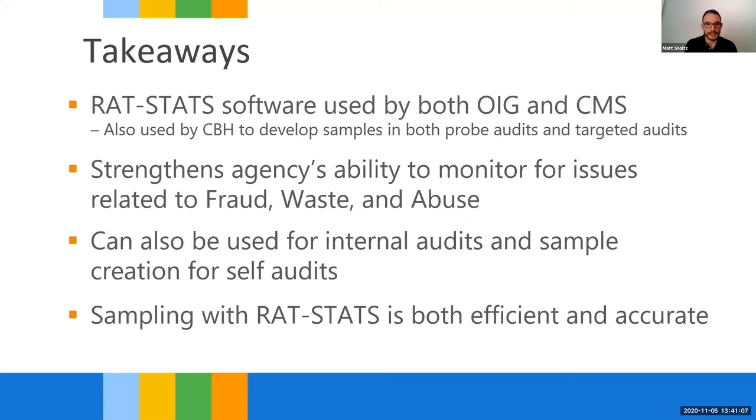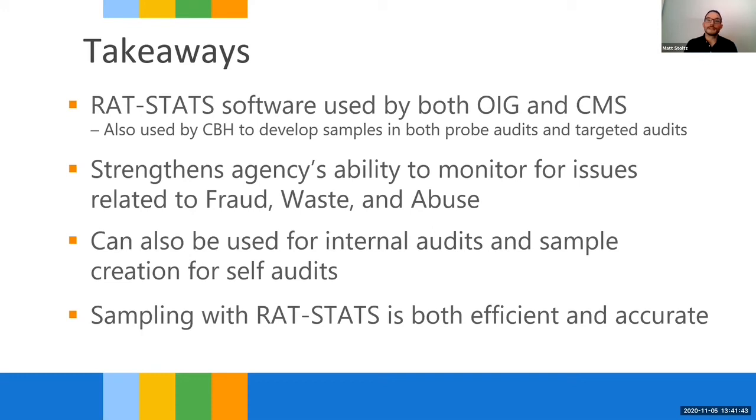For me, the first time I was introduced to RATstats, I had the same feeling, but I wanted to show you just how simple and quick it can be to go from 950 claim lines in a population that you have to audit. And that's a lot. That's a lot of time, a lot of work, a lot of manpower, that in a few minutes, we have a statistically sound random sample of 123. And that gives us the opportunity to have a much more manageable audit.